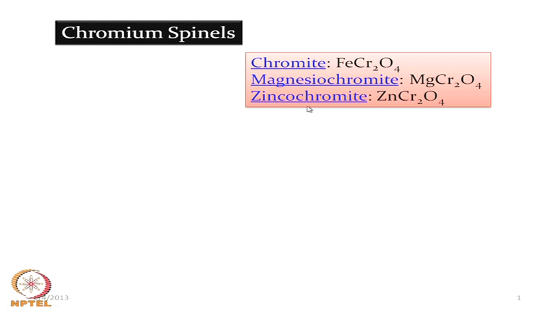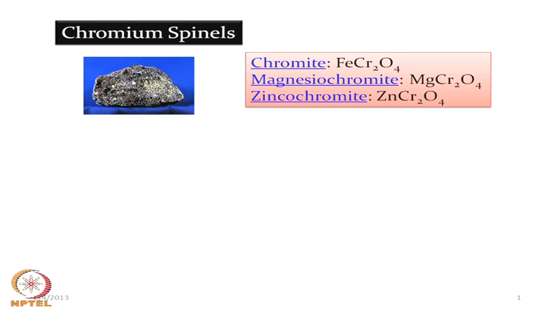Similarly, in the case of zincochromite, the zinc is present along with the chromium oxygen network. And we can also have copper present in that particular spinel structure, and we have the corresponding compound as copper Cr2O4. Thus, depending upon the nature of the spinels, the network forms either aluminum spinel, then iron spinel, and for chromium we get the corresponding chromium spinels.